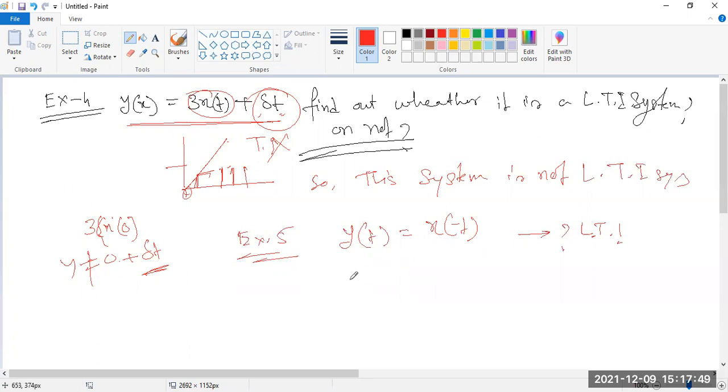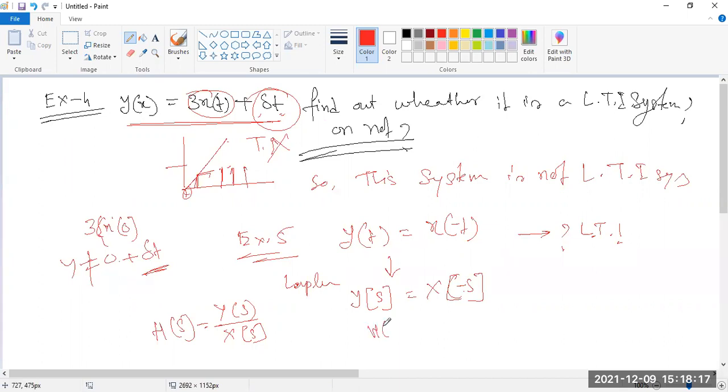Now, how could I determine this? Look, if I take the Laplace transform, we get Y of s equal to X of minus s. Up to this, it is clear. Minus of t means minus of s. You know the transfer function must be Y of s equal to X of s. But in this case, Y of s equal to X of minus s.